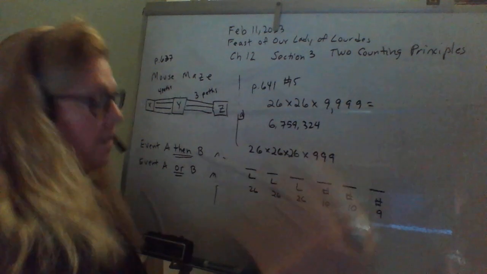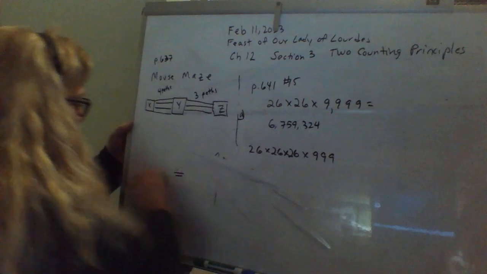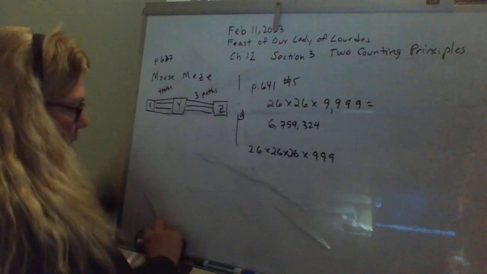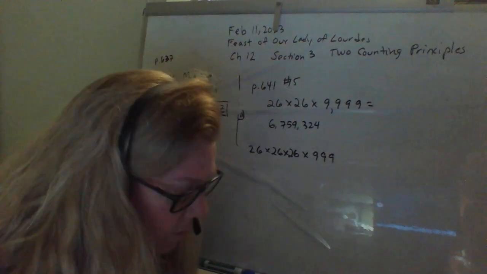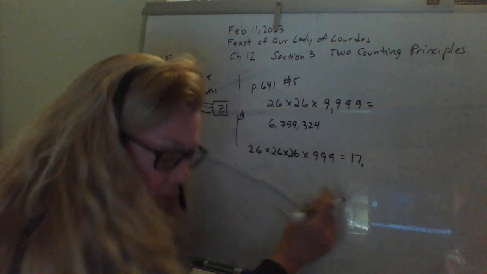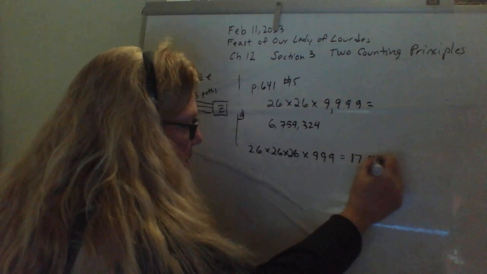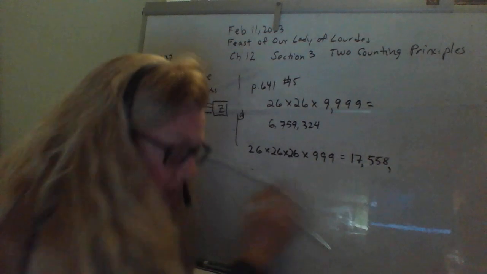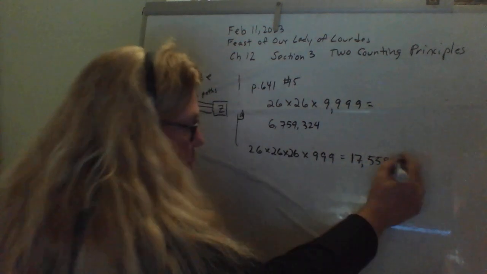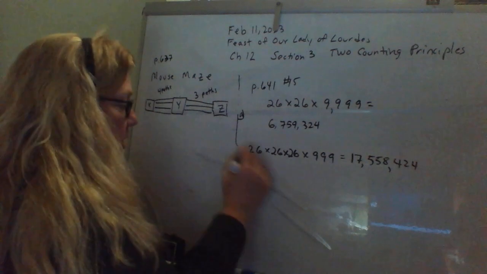That's from 1 to 999. Well, if we multiply all of those out, we get 17,424. Okay, so clearly the second one is better.